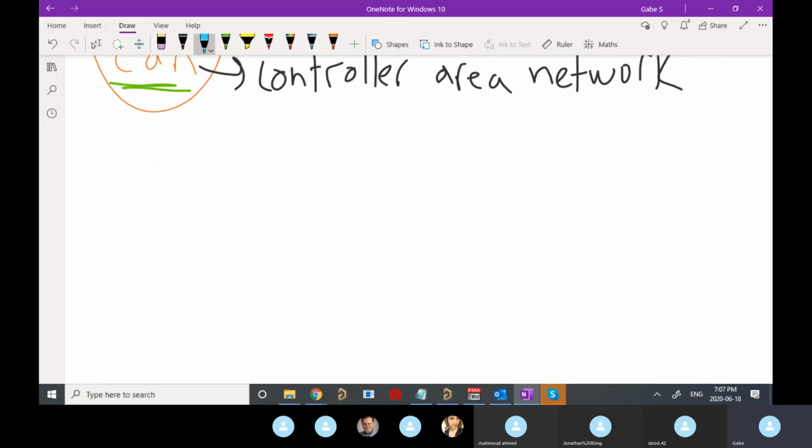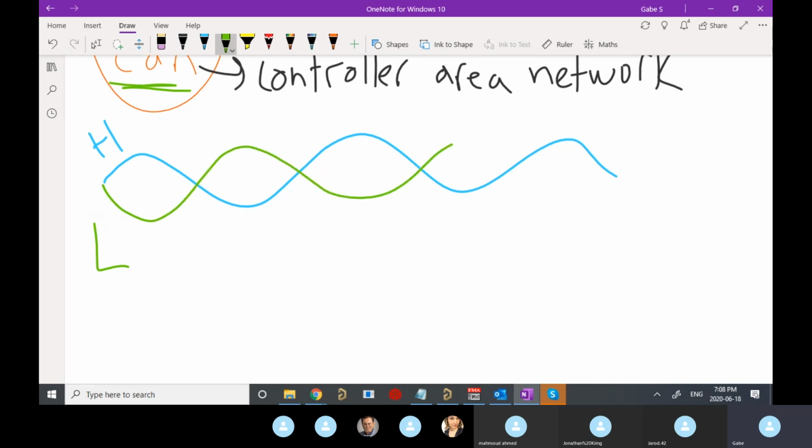Yeah, that's a good question. So people always talk about CAN like this, right? You have one wire that's called high, and another wire that's called low. And we draw it like this because we literally take the 2 wires and twist them as tight as possible and try to minimize this area.